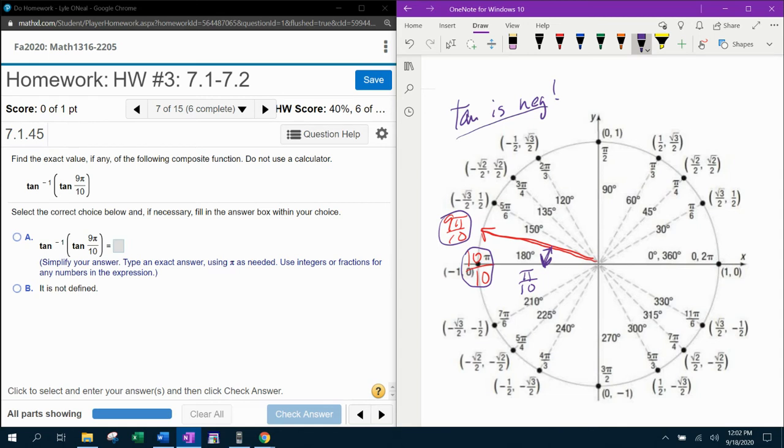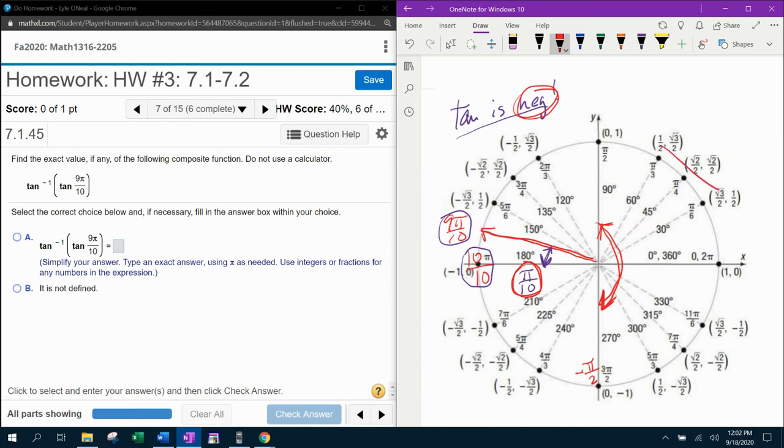So that means that we're going to have to look for an angle that is from negative pi over 2 to pi over 2, we're looking for an angle in either the first or fourth quadrant that will have a negative value for tangent and has this reference angle.